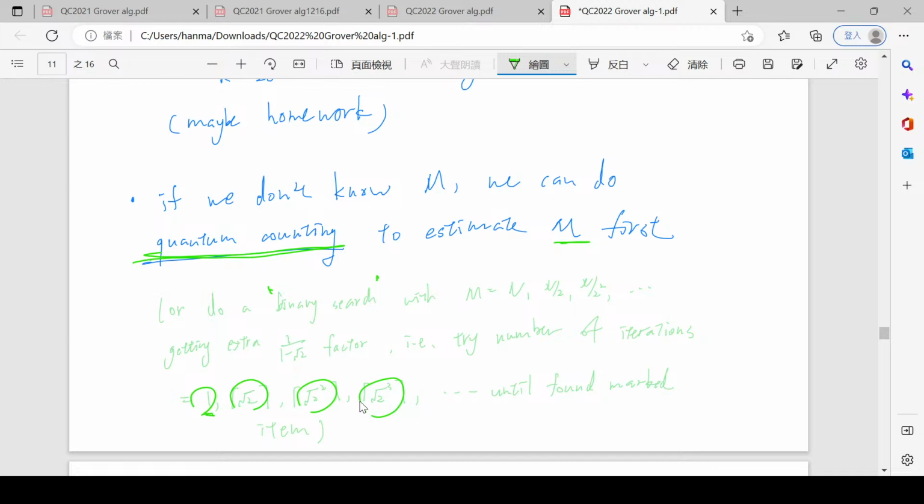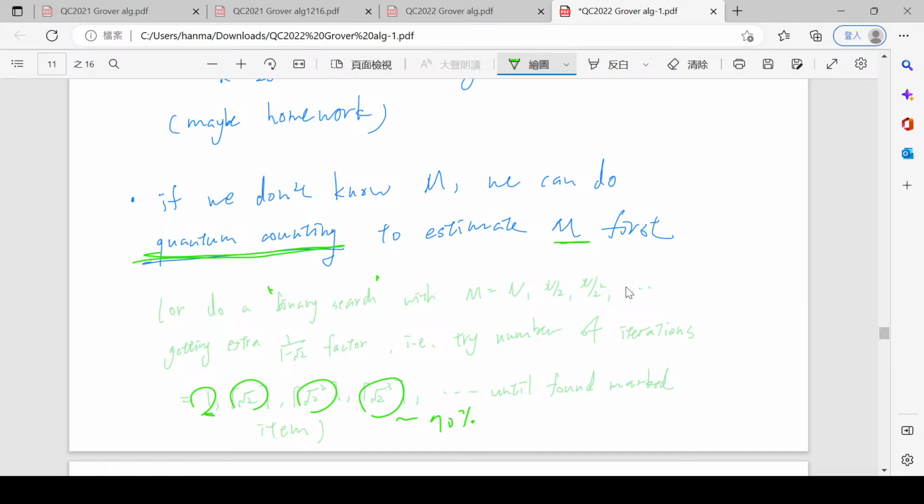Each one of them may have like 70% success probability, and you need to amplify it to whatever probability you want, like 99%.